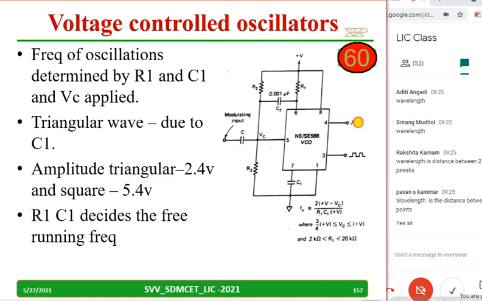The triangular wave you will get due to the charging and discharging of the capacitor C1, and the amplitude of the triangular wave is usually 2.4 volts, and the square wave amplitude is nearly 5.4 volts. R1 C1 decides the free running frequency. Free running means when you are not giving anything here, the frequency you get is determined by R1 and C1. Copy down.